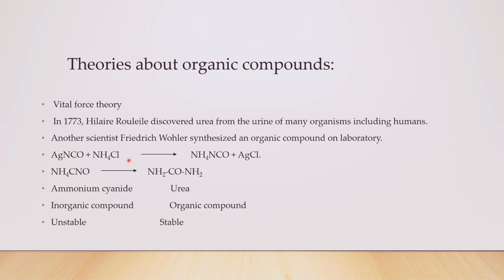That is AgNCO plus NH4Cl gives NH4NCO plus AgCl. This is an inorganic compound and he converted it into an organic compound. NH4NCO, that is ammonium cyanate, is converted into urea, that is an organic compound. The inorganic compound is unstable and urea is stable.